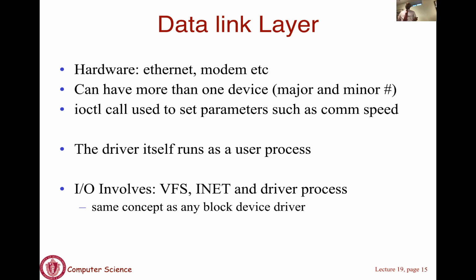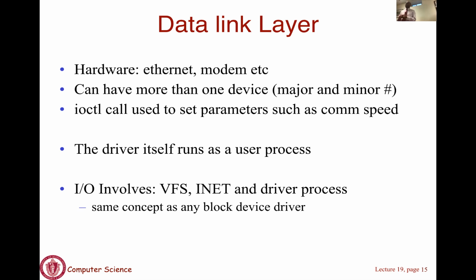Each of them will have their own device drivers, and within each of those types of interfaces, you could have cards from different vendors, and there has to be a driver for each vendor's interface. Furthermore, a particular machine might have more than one card installed on it. So for example, your laptop could have both a wired interface as well as a Wi-Fi chip that implements a wireless interface, and both of those could also be active.